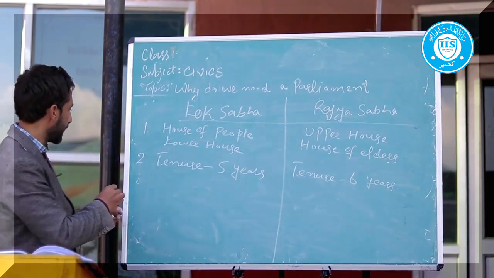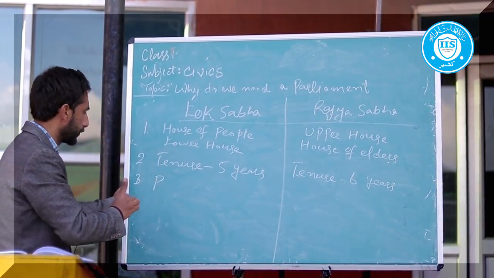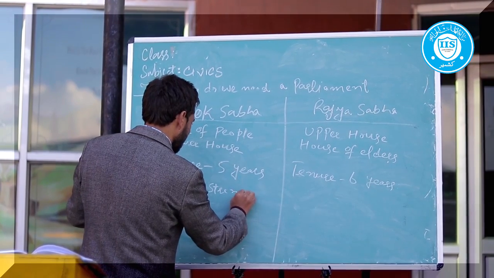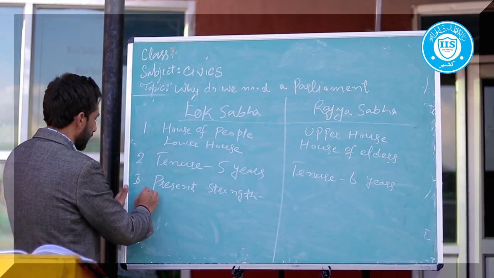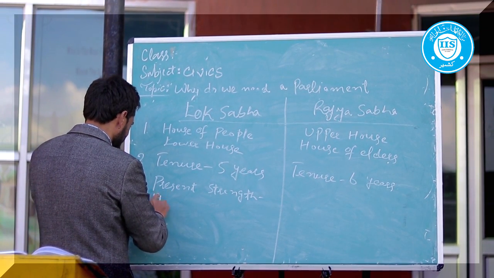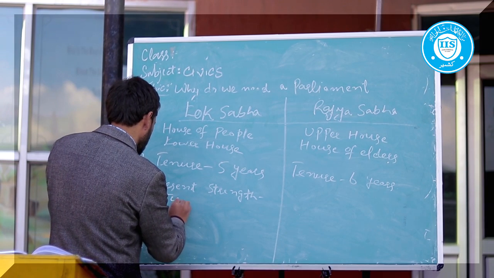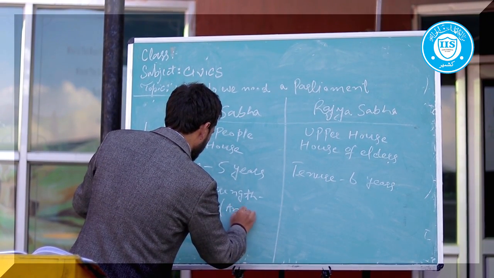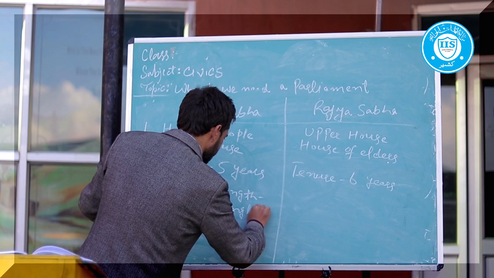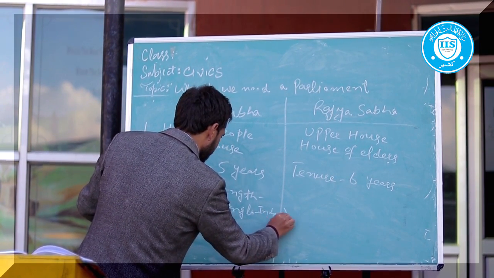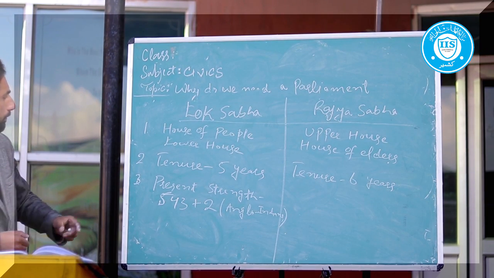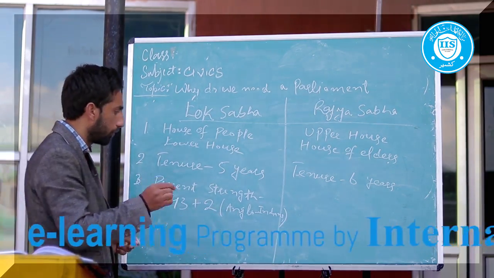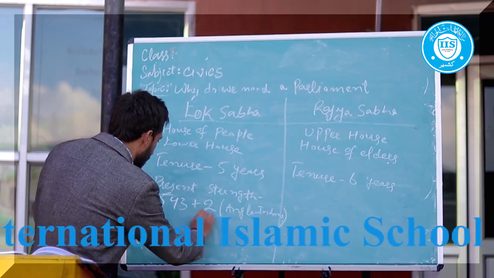The third difference is the present strength of members. The present strength of Lok Sabha is 543 members plus 2 Anglo-Indians, and these 2 members are not elected, they are nominated by the president.